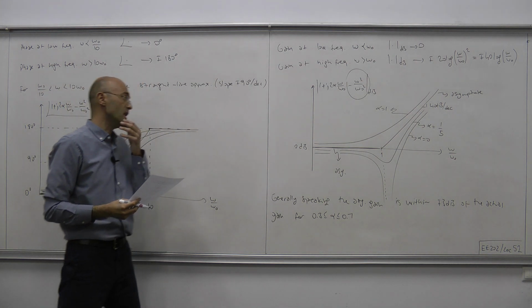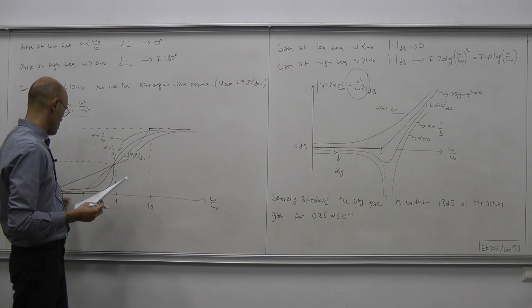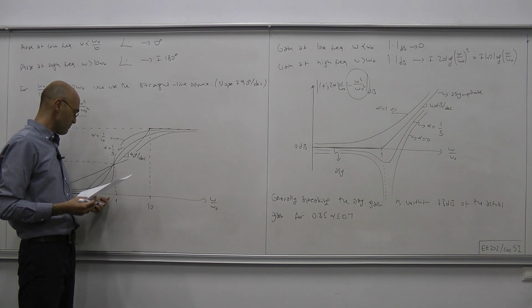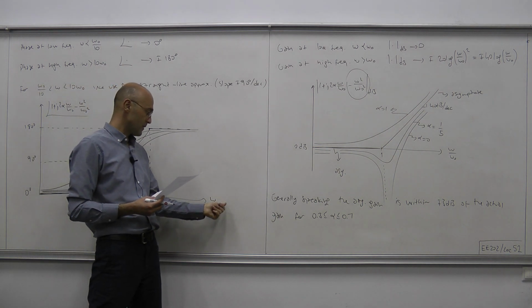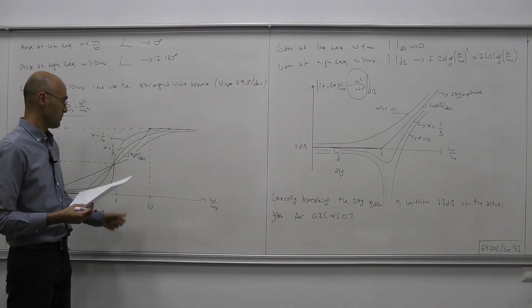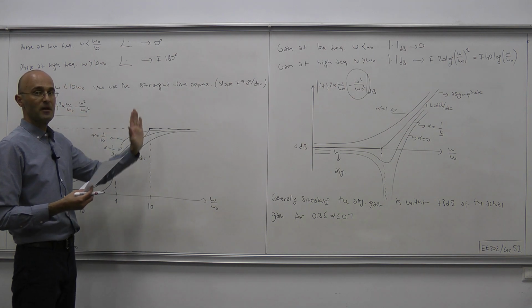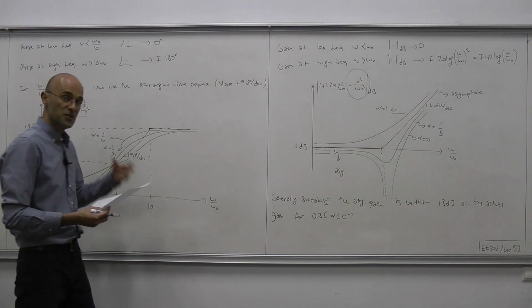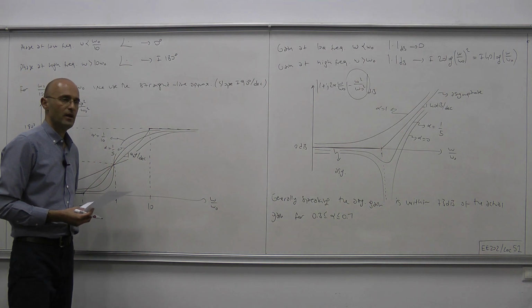And it's not difficult to see that if you set alpha exactly to 0, then you go at 0 degrees until omega equals omega 0, and at that frequency, when you pass to the right of that border, you automatically become 180 degrees. So it's exactly step-like when alpha equals 0.